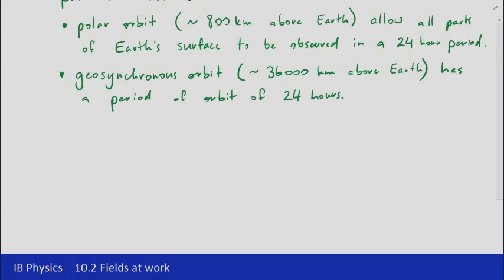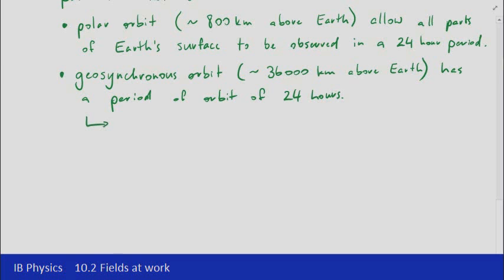Whereas for a polar orbit, all parts of the Earth can be observed in 24 hours, that means it's going to be orbiting the Earth multiple times in one day. For a geosynchronous orbit, it has the same period of orbit as a day. So once every 24 hours, it's going to orbit the Earth.